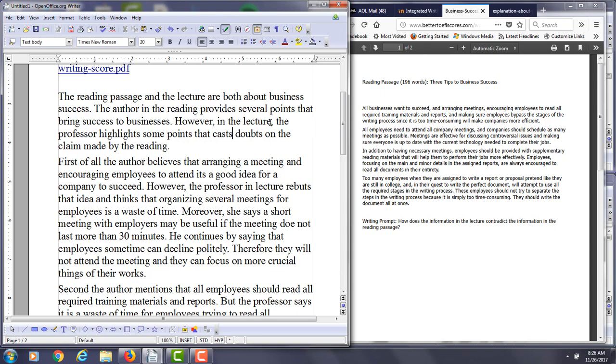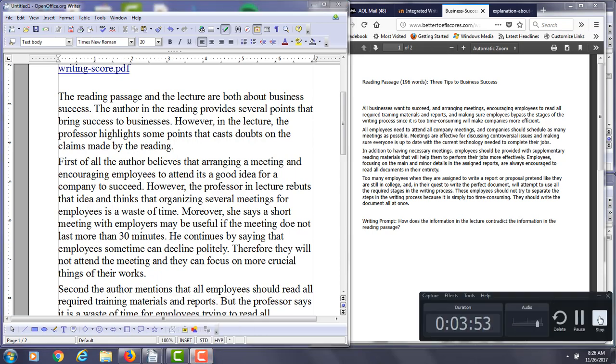So that's a word choice issue. That cast doubt on the claims made by the reading. So plural S. Okay, and so those are the basic changes I would make in that first paragraph.